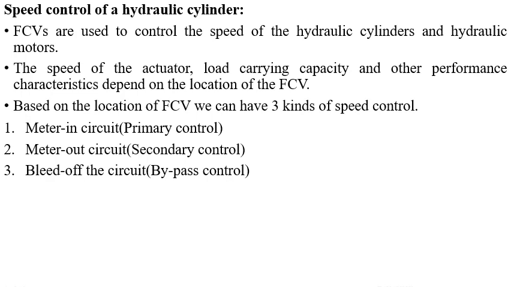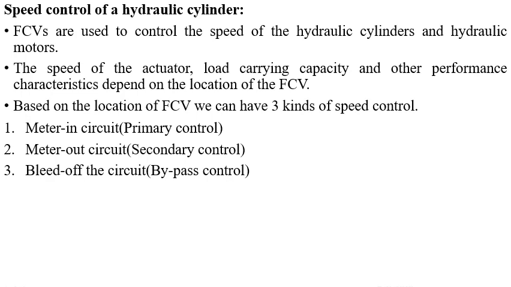Suppose you install the flow control valve in the inlet line, the flow is controlled in the inlet line of the cylinder. Suppose the flow control valve is installed in the outlet line or exit line, here the output of the cylinder is controlled. Controlled means it is metered.